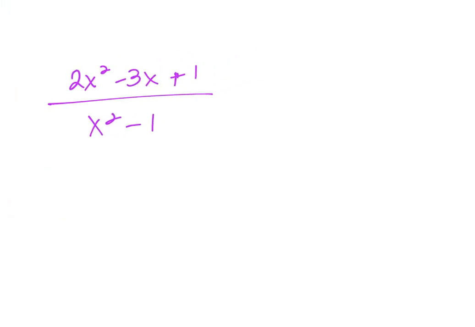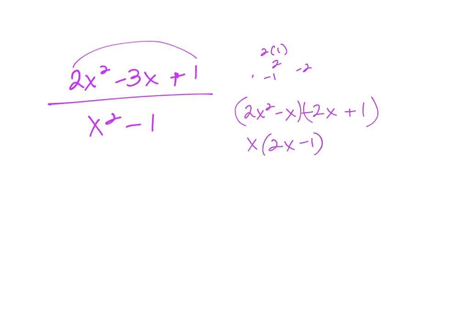So I'd have to factor the top, right? I could do first times last, so 2 times 1, factors of 2 that sum to -3, -1, -2. And you'd get 2x squared minus x minus 2x plus 1, factor by grouping. Take out the x. Take out the -1. And my numerator factors to that, right? Denominator, difference of 2 squares.